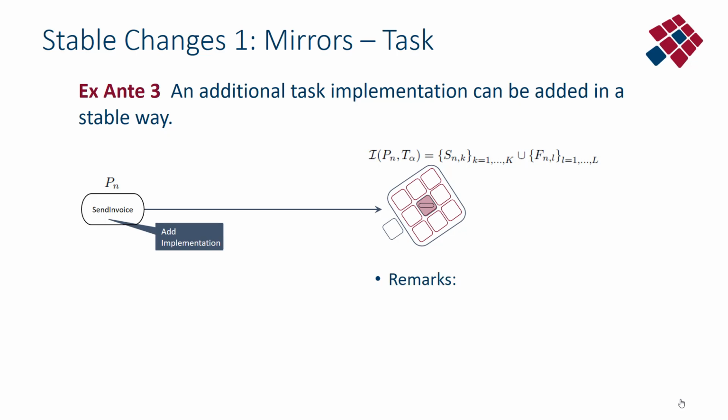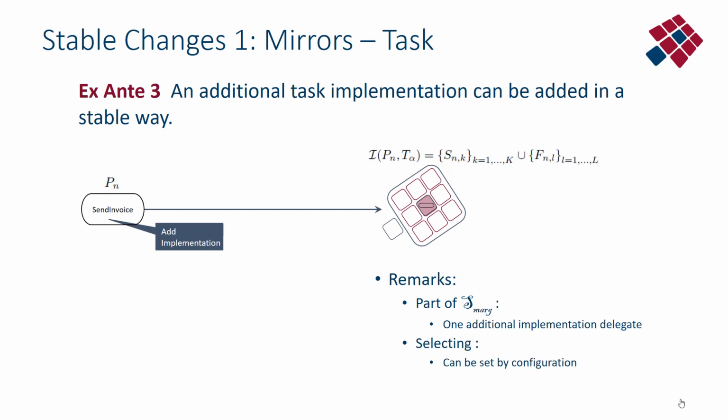So you can do this with a single additional class. The marginal set of new versions of classes or software constructs consists of an additional implementation delegate, and you can select this delegate by simple configuration of any normalized software system.